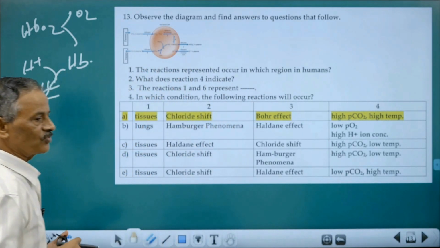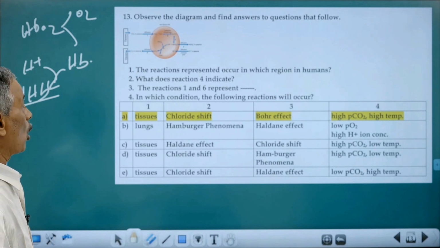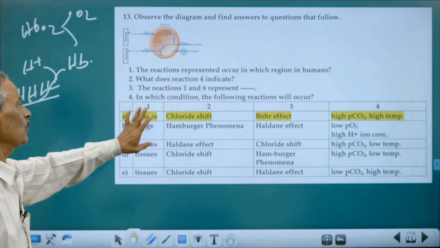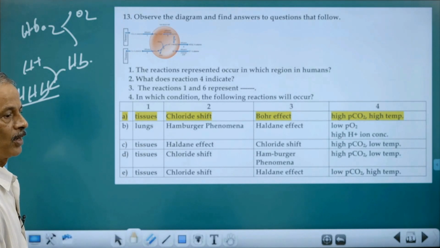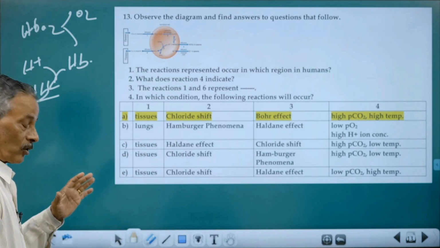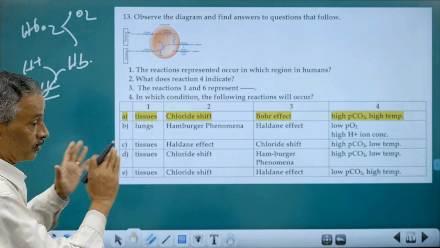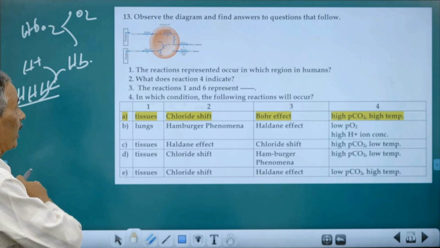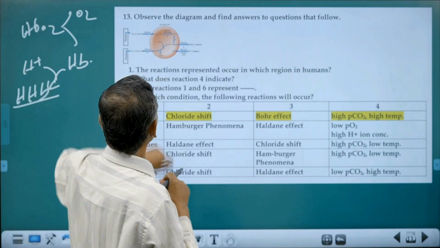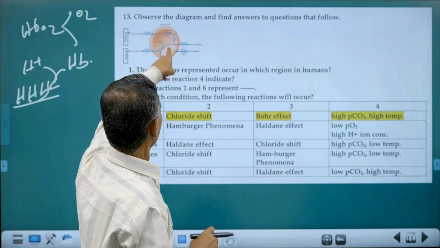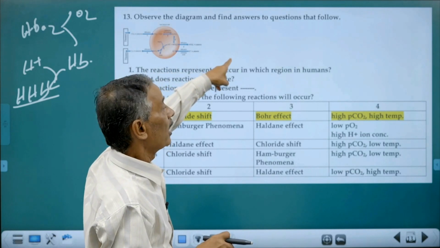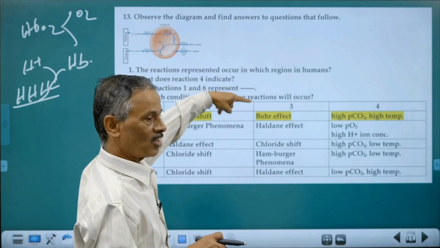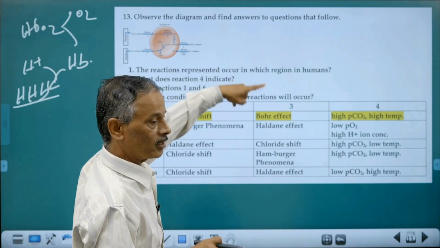So this is what is called chloride shift or Hamburger shift. Both are the same. For every bicarbonate ion that is going out, an equal amount of chloride ion comes in. Here in tissues, bicarbonates are going out, combining with the sodium in the plasma, forming sodium bicarbonate.